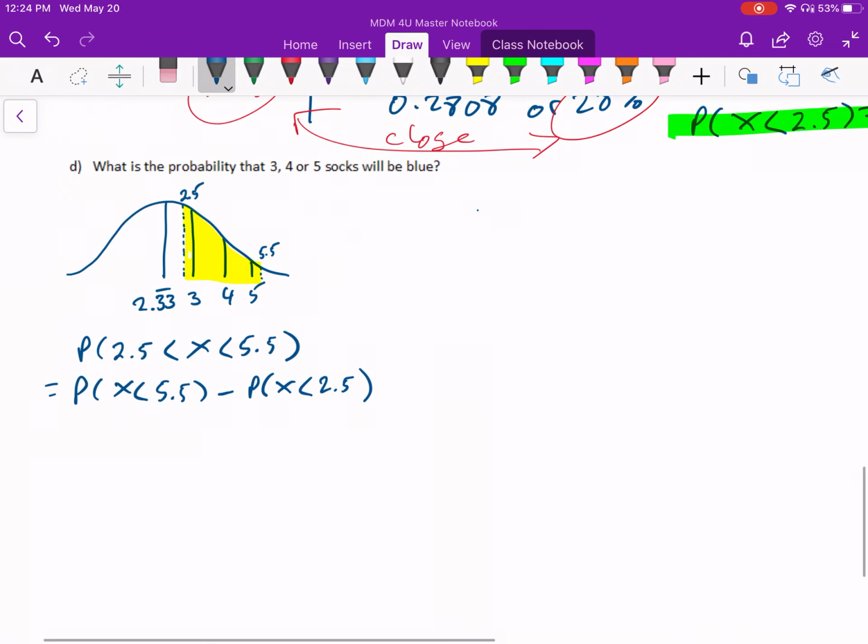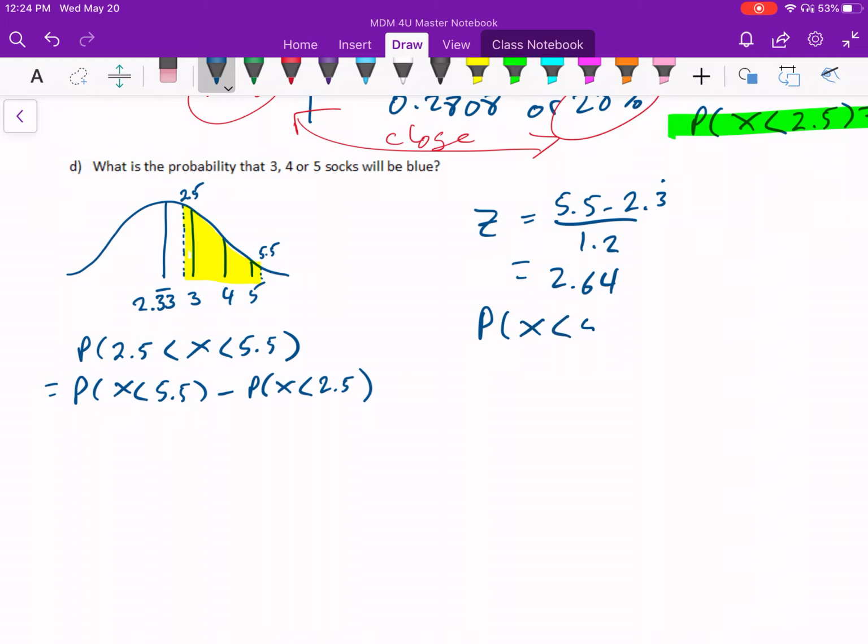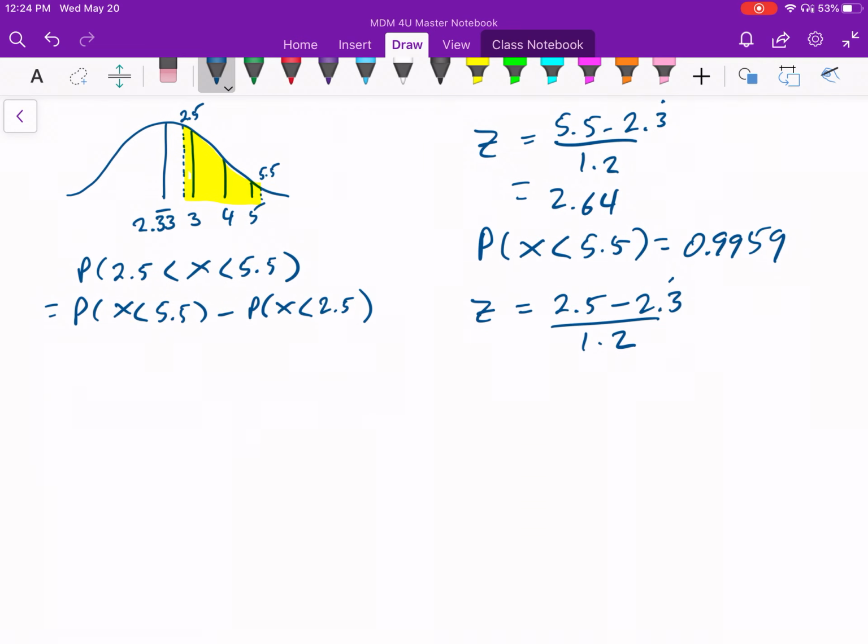So then again, I need the z-scores for those. 2.5, did I already calculate that one?